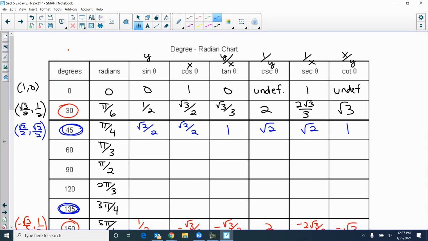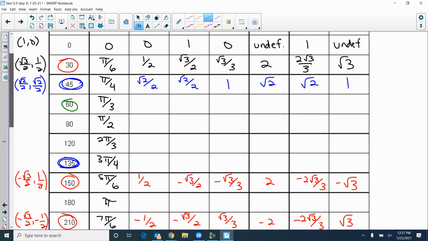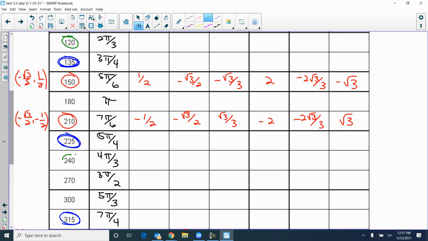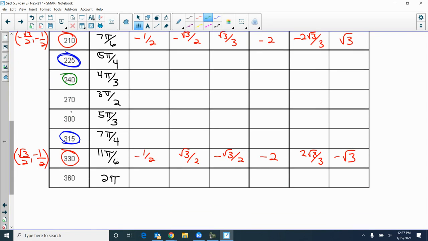And let me do 60 degrees. 60 will match up with 120. It will match up with 240. It will match up with 300. Those will all have the same answers, with the exception of positives and negatives.